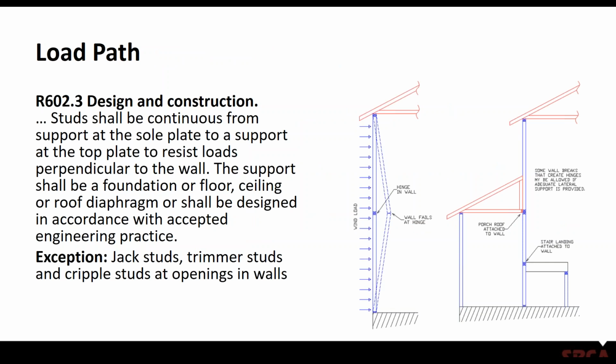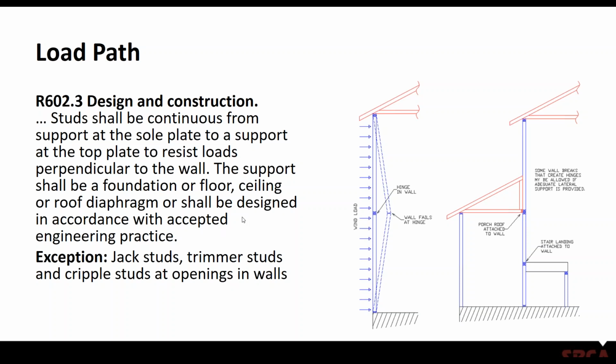In R802.3, design and construction, studs shall be continuous from support at the sole plate to the support at the top plate to resist loads perpendicular to the wall. The support shall be a foundation or floor, ceiling, or roof diaphragm, or shall be designed in accordance with accepted engineering practice. And then they have an exception for jack studs, trimmer studs, and cripple studs at openings in walls.